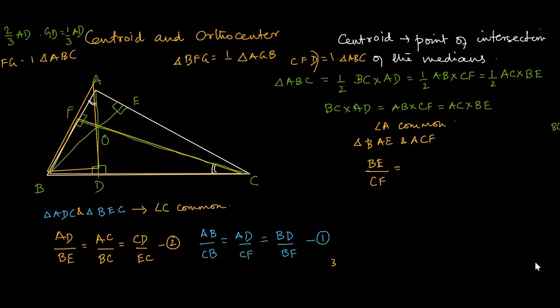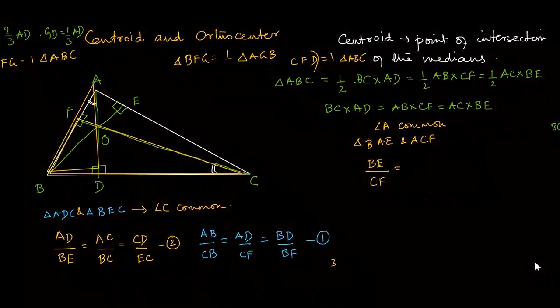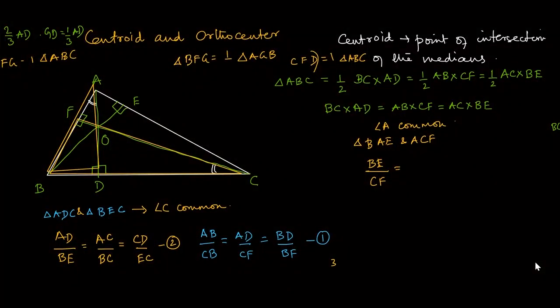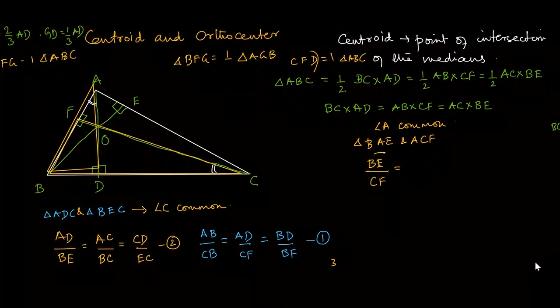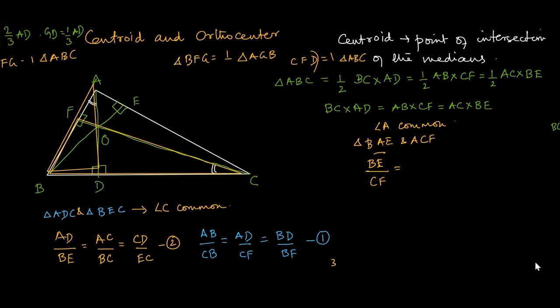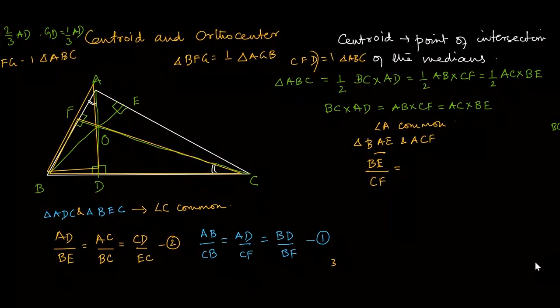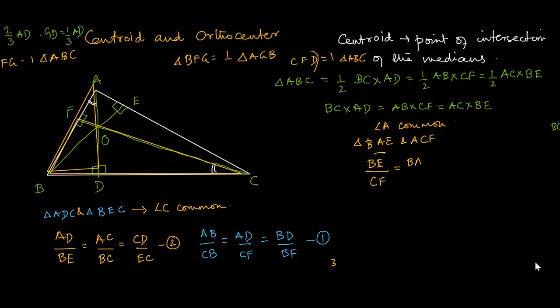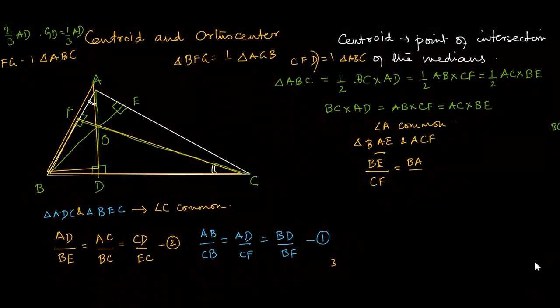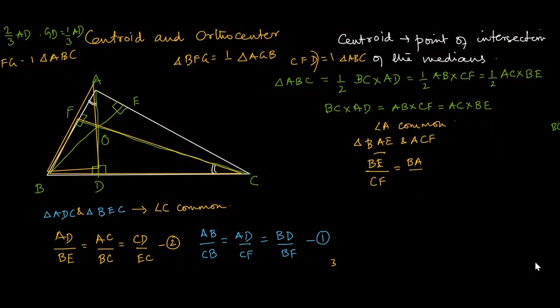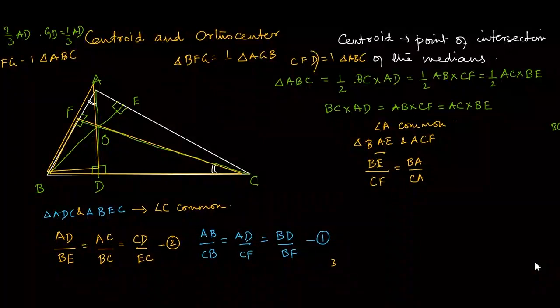Next, take the side which is opposite to the right angle, AF. In triangle BAE, you have to keep the order the same. So BA over CA.